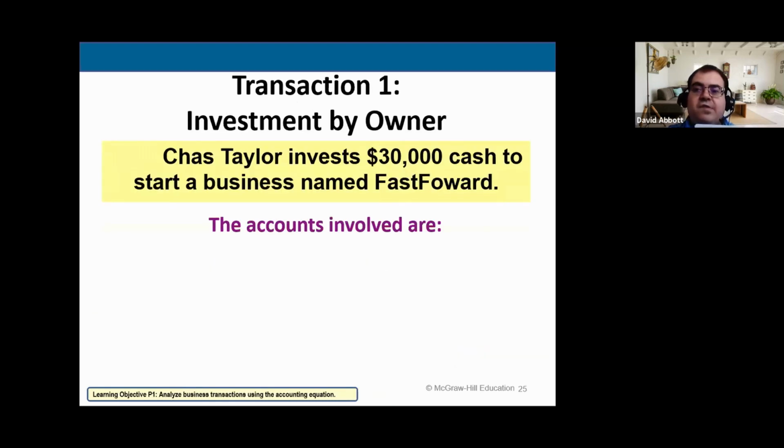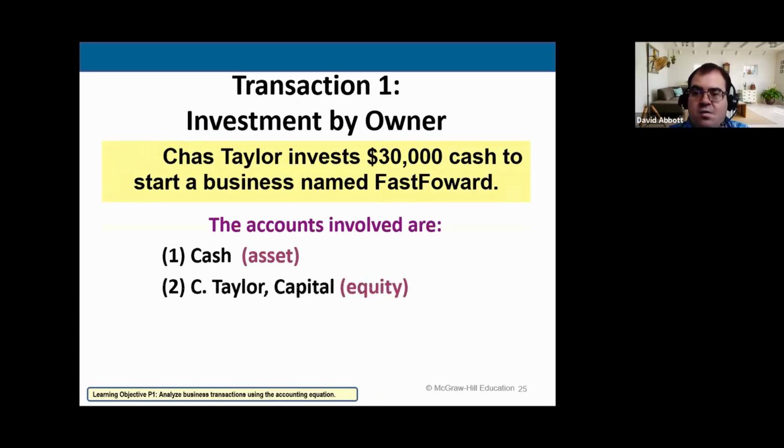So C. Taylor invests $30,000 cash to start a business called FastForward. The accounts involved in this case are cash, because the business is receiving $30,000 in cash, and C. Taylor, Capital, which is the equity, because he's investing equity in the business as the owner.